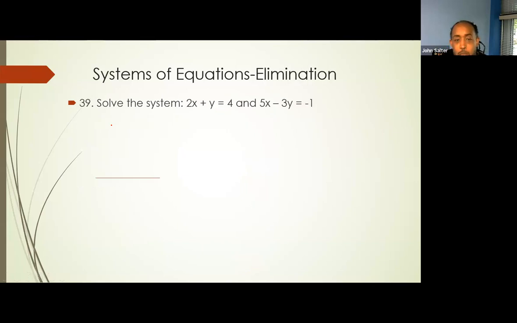Solve this system. Again, two equations. 2x plus y equals 4 and 5x minus y equals -1. All right. Okay, how did we jump over here? What did I do?